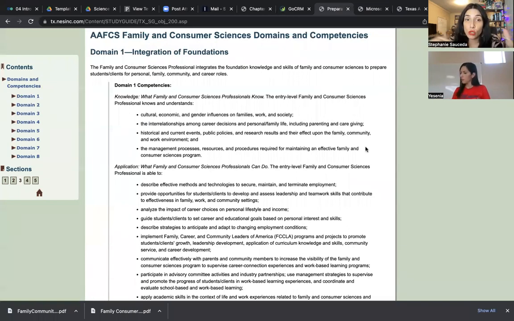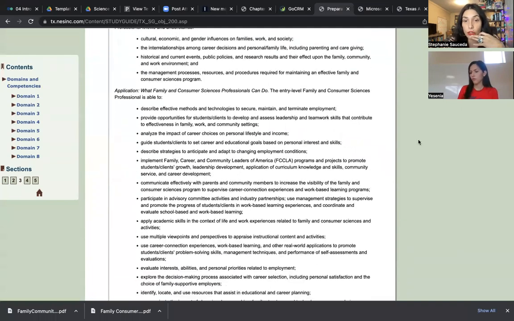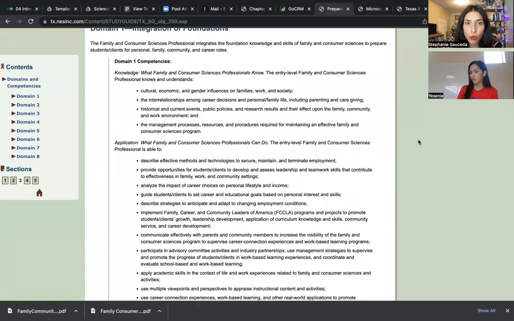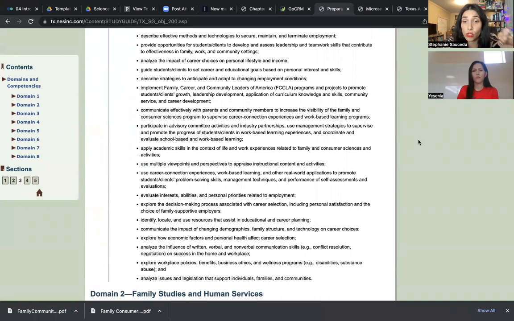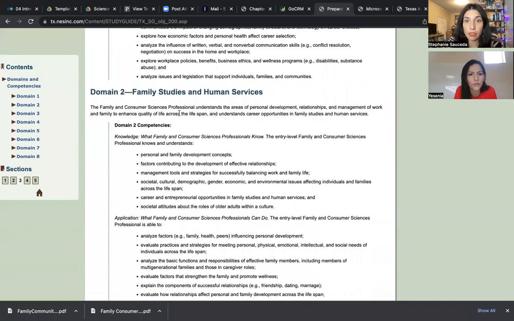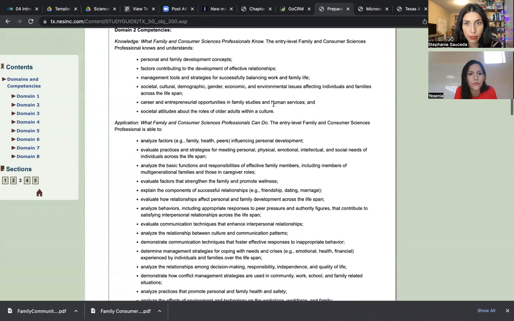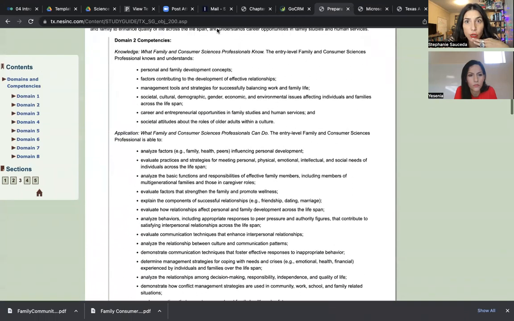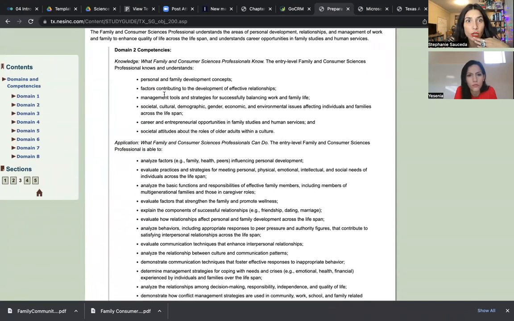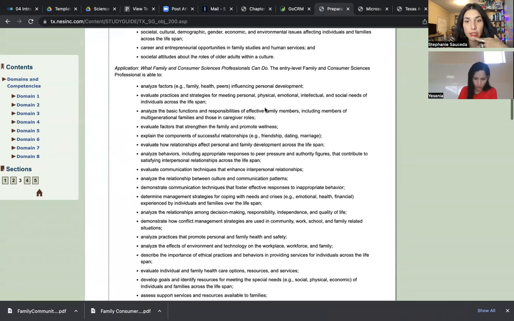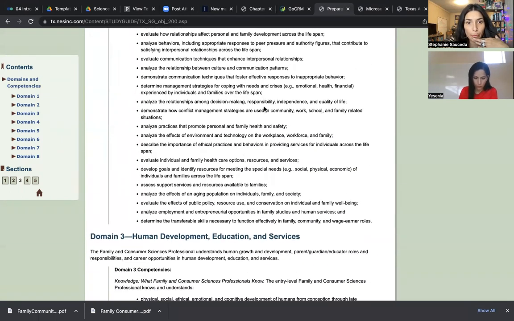So those domains and competencies come from particular standards, and each of the domains is going to hold you responsible for the TEKS. For family studies and human services, I guarantee you it has down here all the different things: entry level, personal and family concepts, factors contributing to this, human development, education, and services.